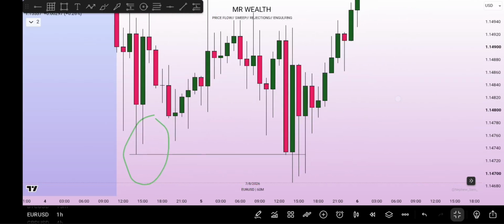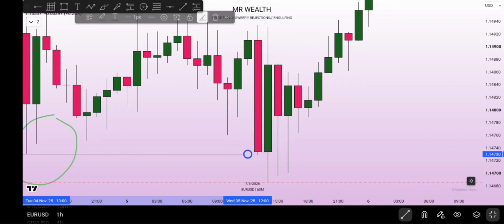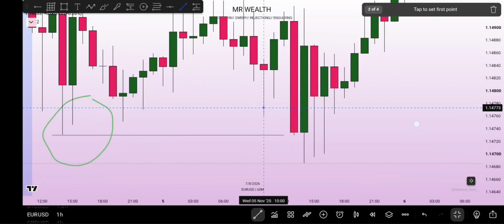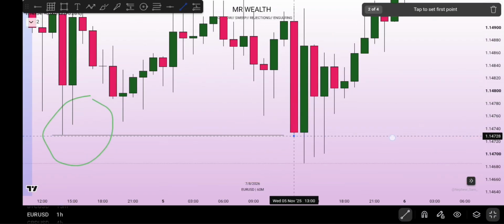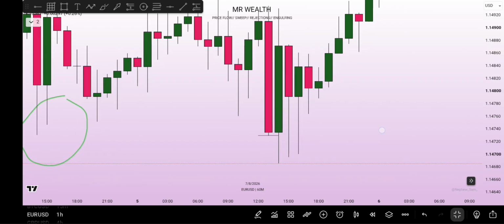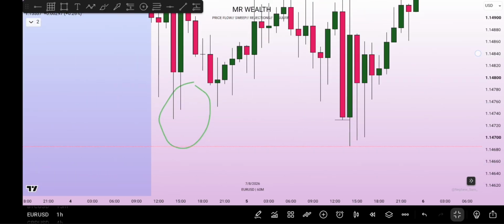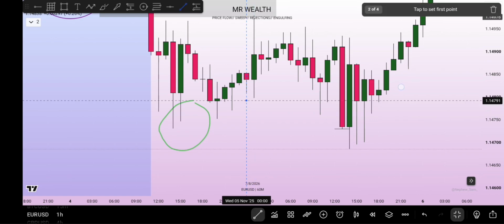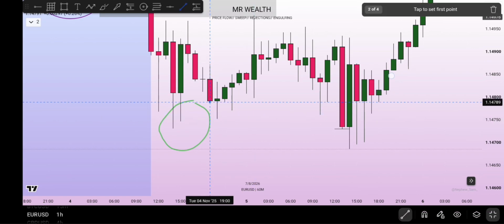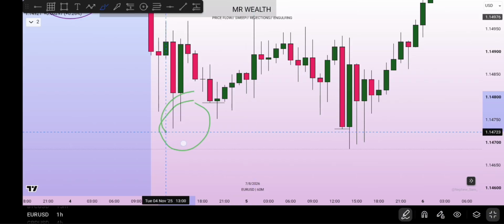So you can see our model there, very tiny. Let's take this backwards so you can see our model. There's a sweep here, this is a sweep. The reason I did not pick this one is because of this liquidity here.